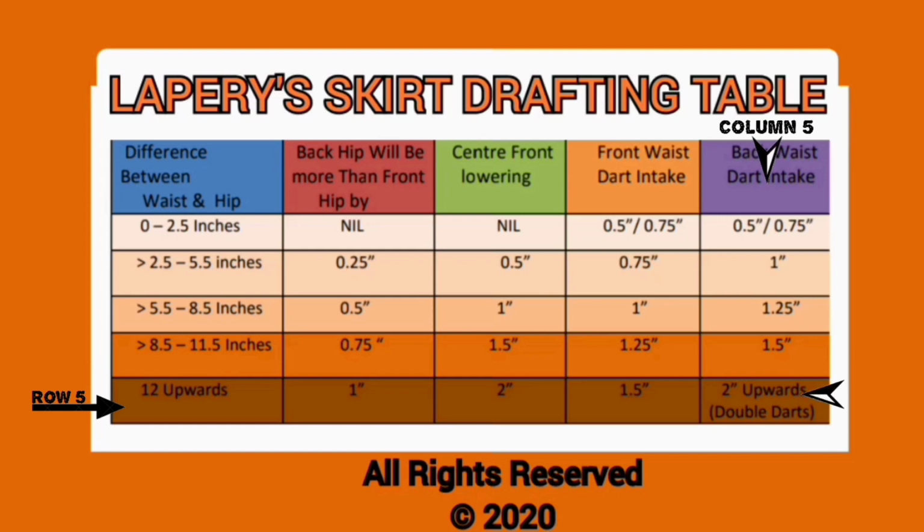For such dart intake, you might need to split it so that you don't take it on just one spot. At the back of such a skirt, you might have a double dart. So the 2 inches or 2.5 width can be shared into 1 and 1/4, or into 1 1/2, or 3/4 and 1.5. You split it so that it can give enough room, and so that it balances well at the back piece.